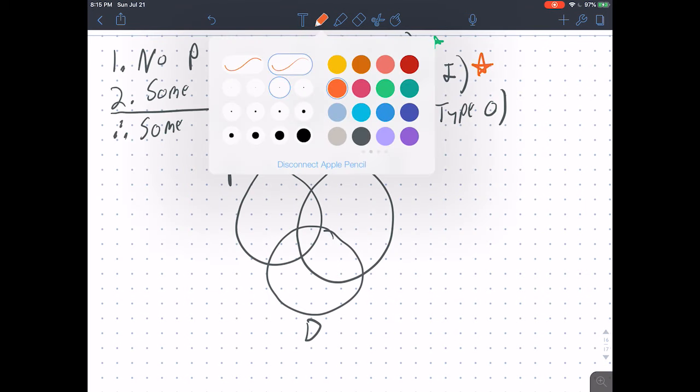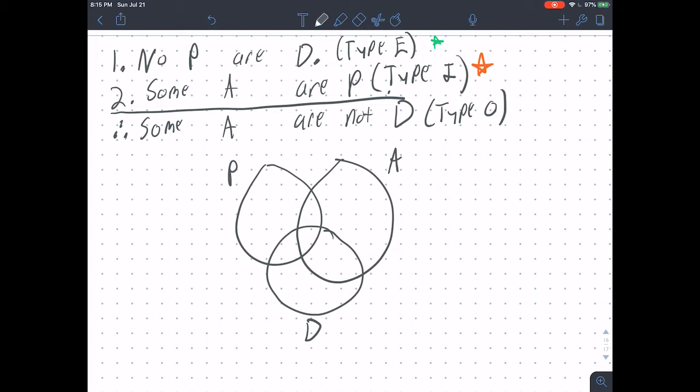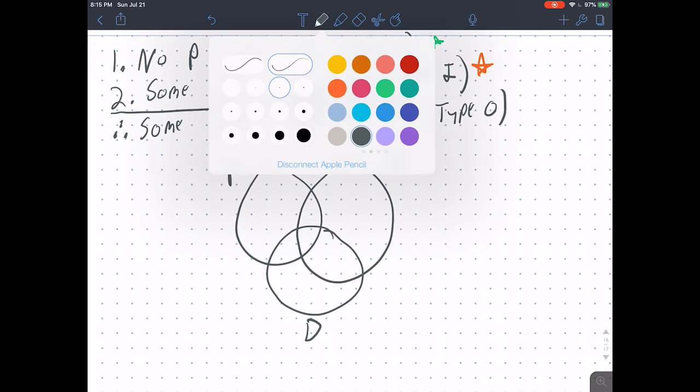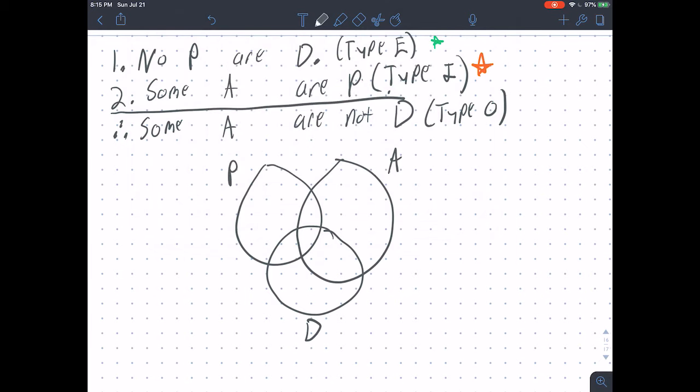So what we're going to do is shade in, so no P are D. We are going to shade in every part of the P circle that overlaps with the D circle. And if we do that, like so.